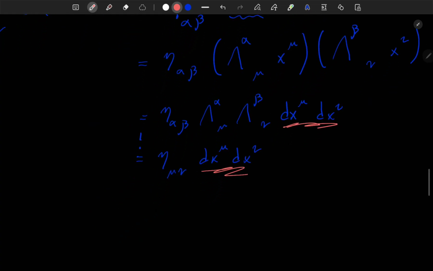So we can factor them, and we end up with the metric we insist is the same thing as our Lorentz transformation multiplying on the left with the metric, and it multiplying on the right with the metric.